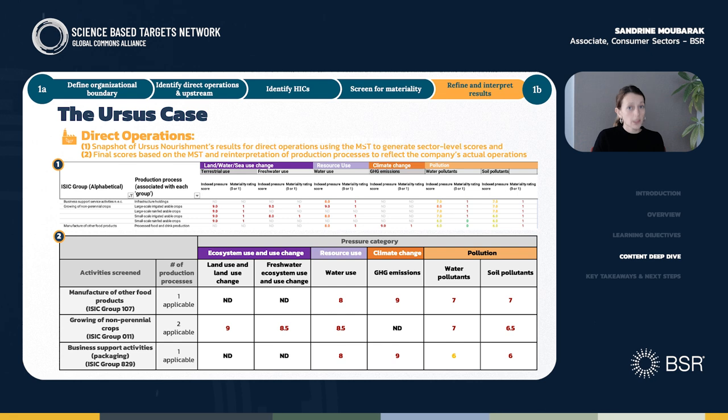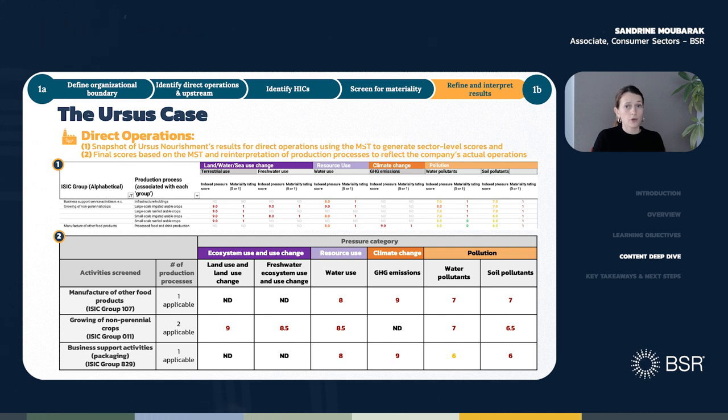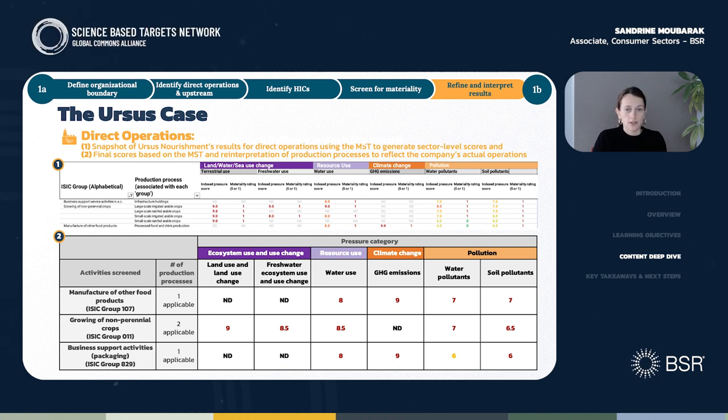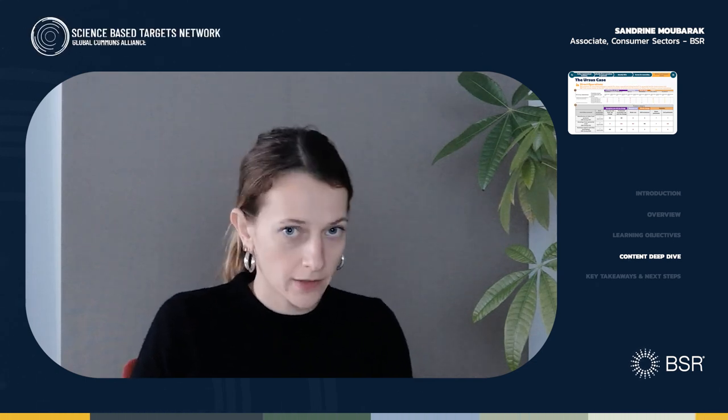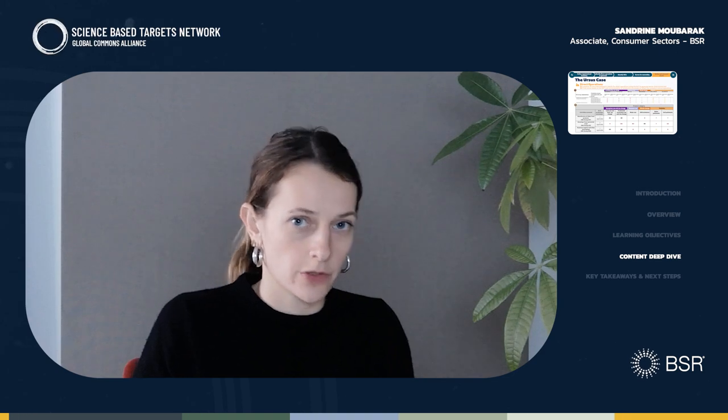All cells with yellow text were below the threshold for that category. In some cases, they found the score ND, which signifies no data, which is recorded for a certain pressure in the tool.